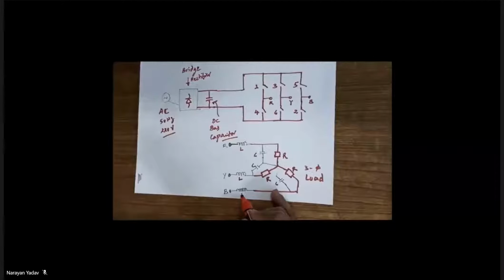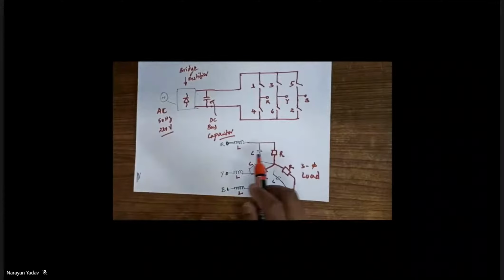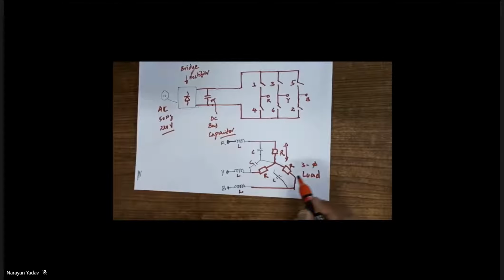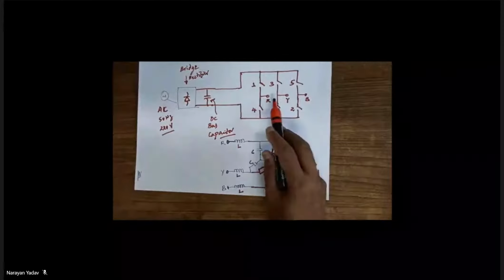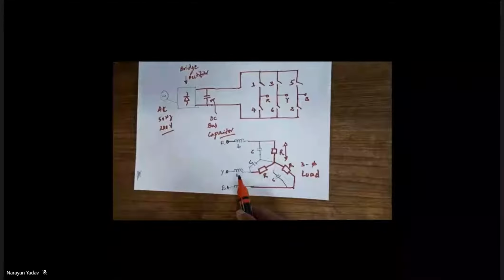This LC is going to act as a filter, and if you give the pulse width modulated square waveform here, we will get a sinusoidal voltage across the load. So between the inverter output terminals and the load, we are connecting an LC filter, essentially to realize the sinusoidal line voltages which are applied to the line terminals of the 3-phase star connected load.